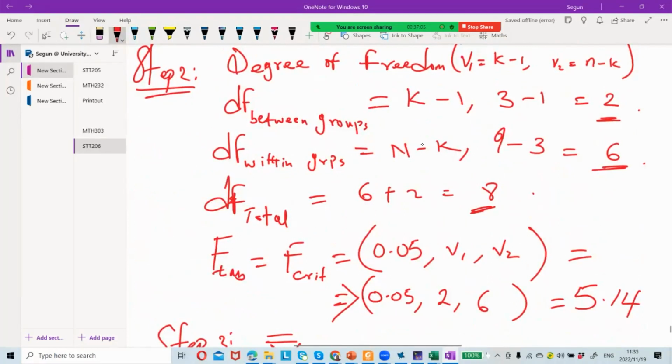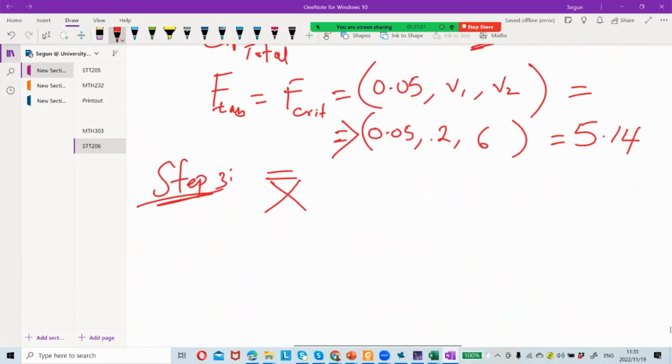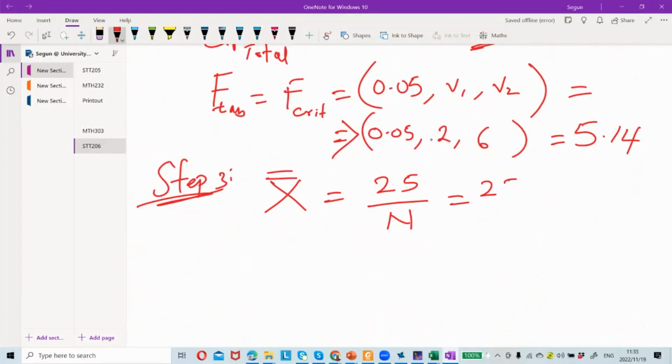It's just going to be 25 divided by n, which equals 25 divided by 9. What's the final answer? 2.77. 2.78. That is what we need. And that's the essence of why we are solving this one.